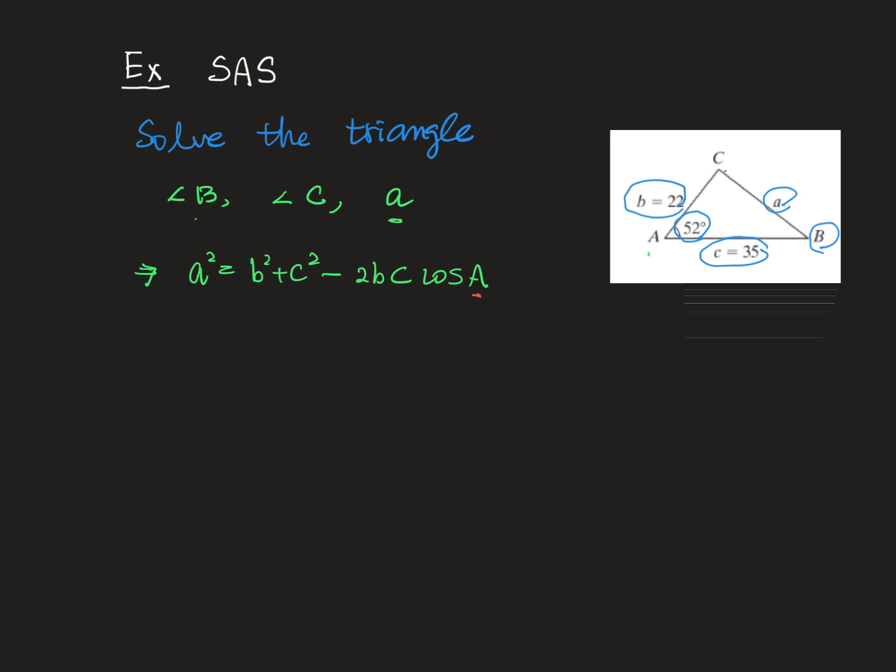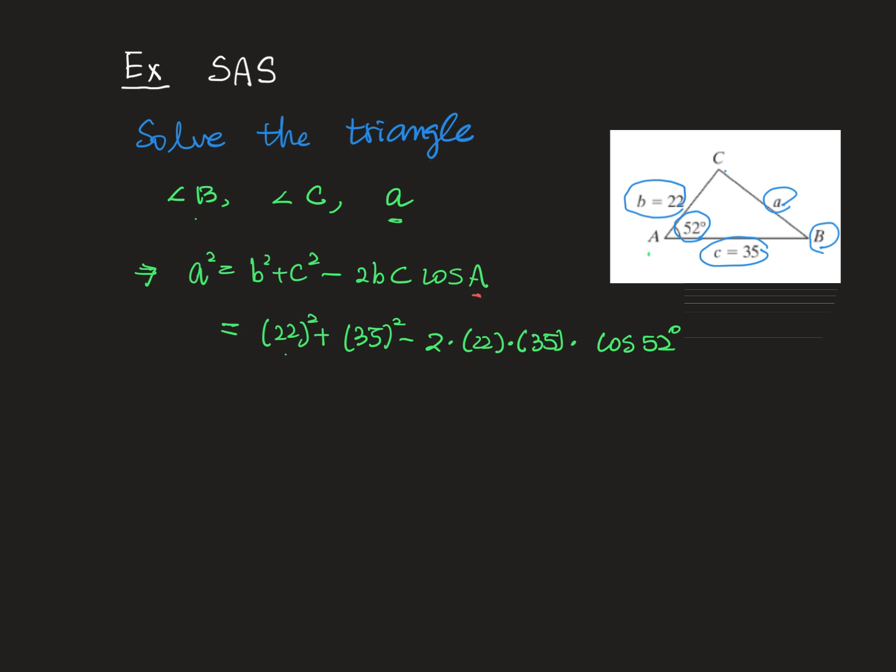So let's find side A. B is 22 squared plus C is 35 squared minus 2 times 22 times 35 cosine 52 degrees. Here is very important, guys: you square 22 and 35, and then subtract the 2 times product together.